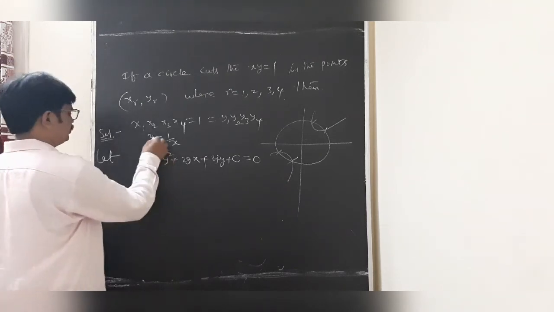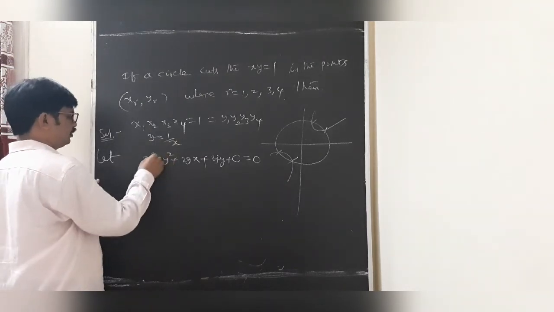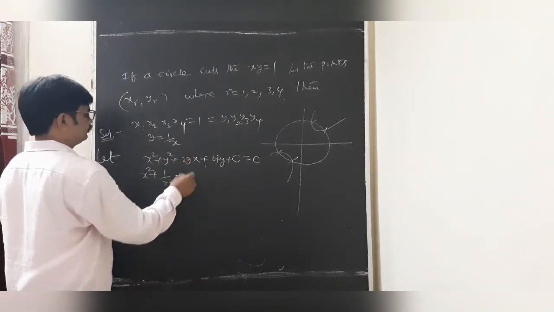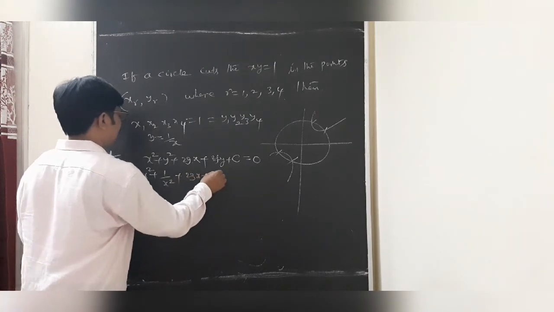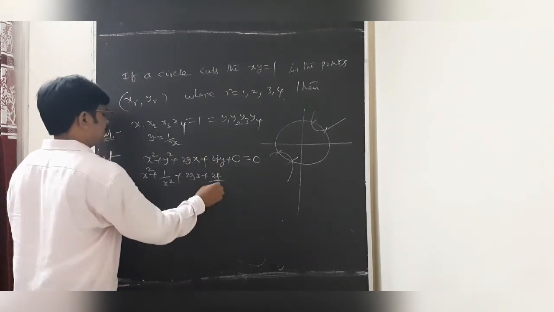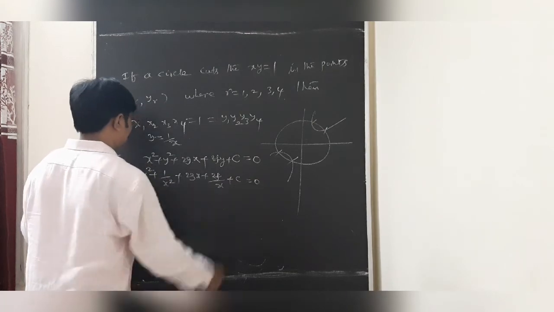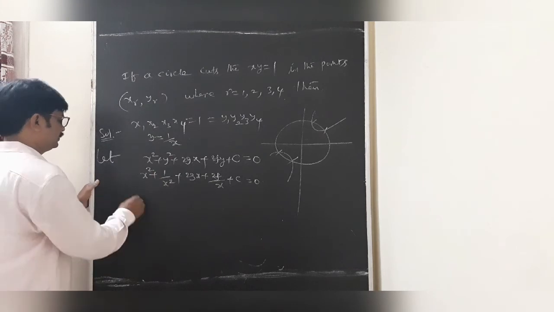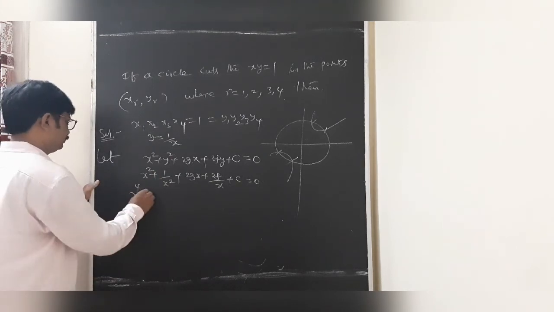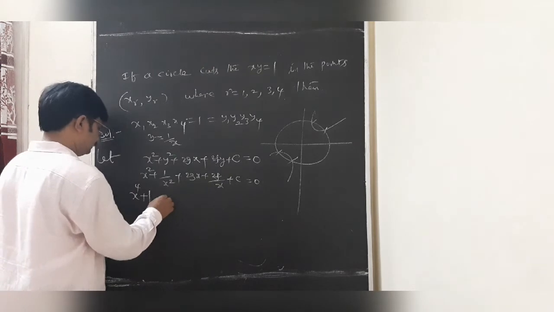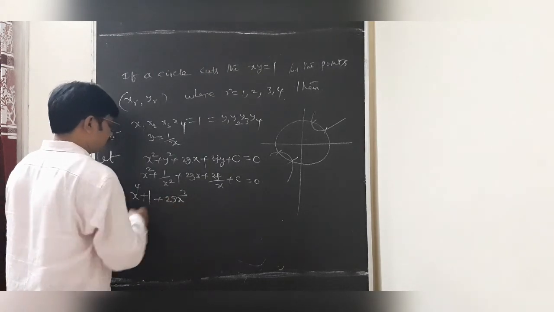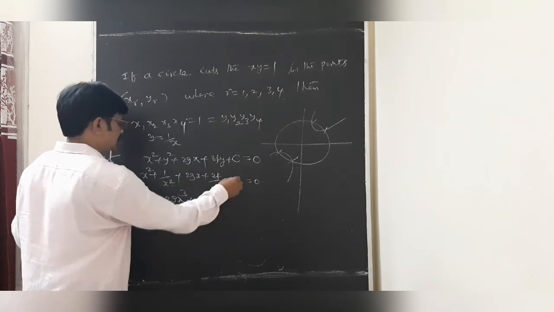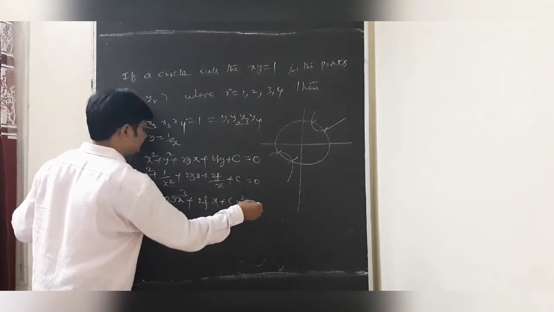Now students, we are substituting y equal to 1 by x. This is x square plus 1 by x square plus 2gx plus 2f into 1 by x plus c. Taking the LCM x square, this is x power 4 plus 1 plus 2g x cube plus 2fx plus c x square.